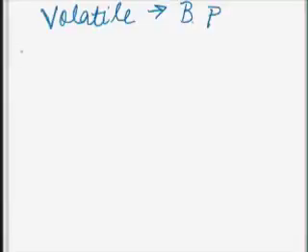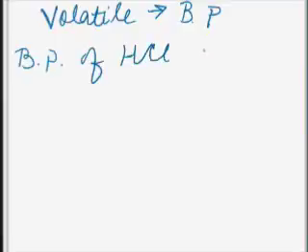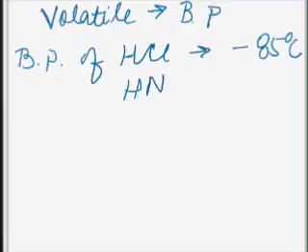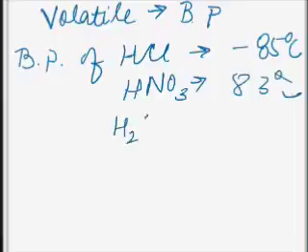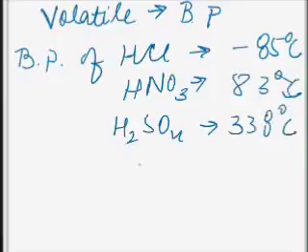We know the boiling point of HCl is minus 85 degrees Celsius, HNO3, that is nitric acid, 83 degrees Celsius, and sulfuric acid boiling point is 338 degrees Celsius.